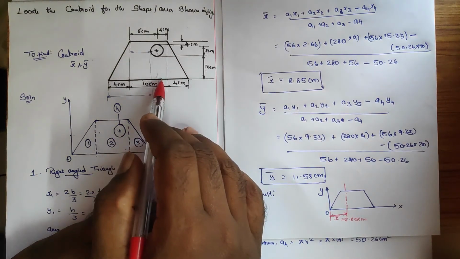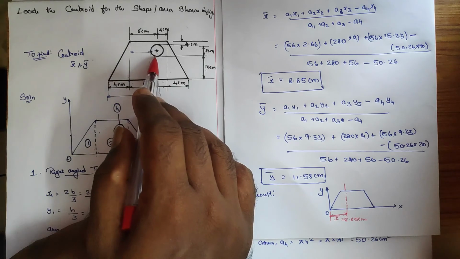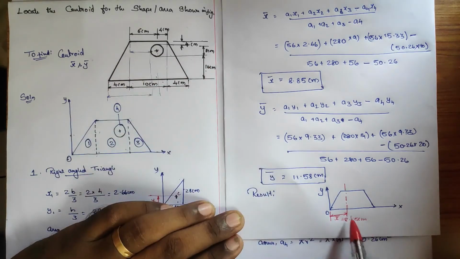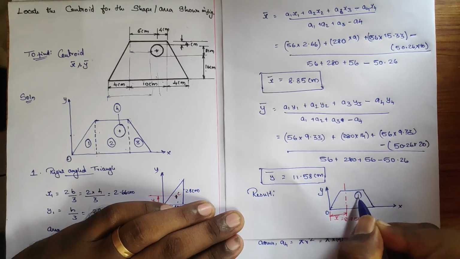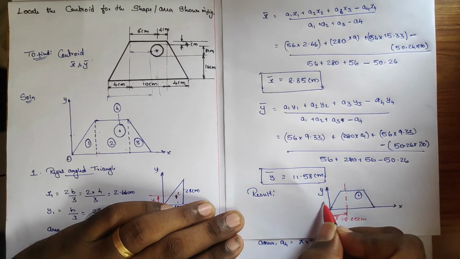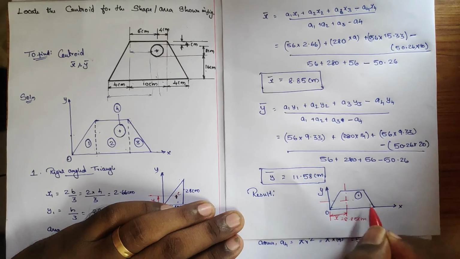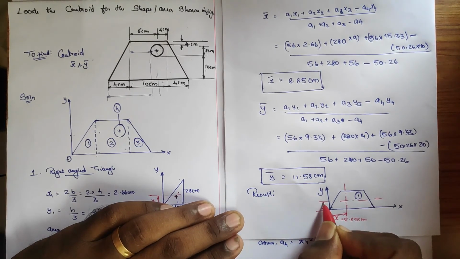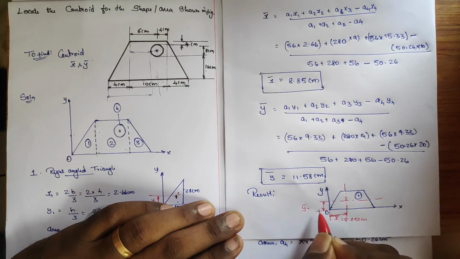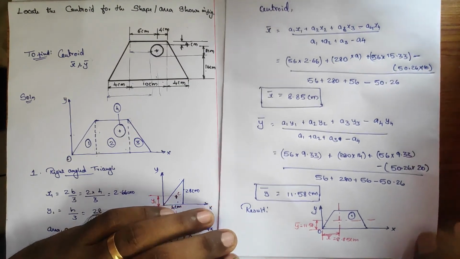The bottom to this particular circle is 16. So in between that particular circle, the line should be. So here I'm going to mark in a logical manner like this. So this is the y bar. Answer is 11.58. Okay.